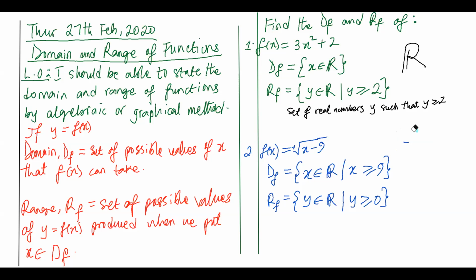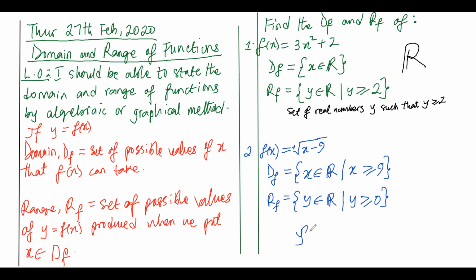Are you confused? I think I get it. y squared equals x is not a function. The graph looks like this. It fails the vertical line test. Do you remember the vertical line test? So that's not a function.